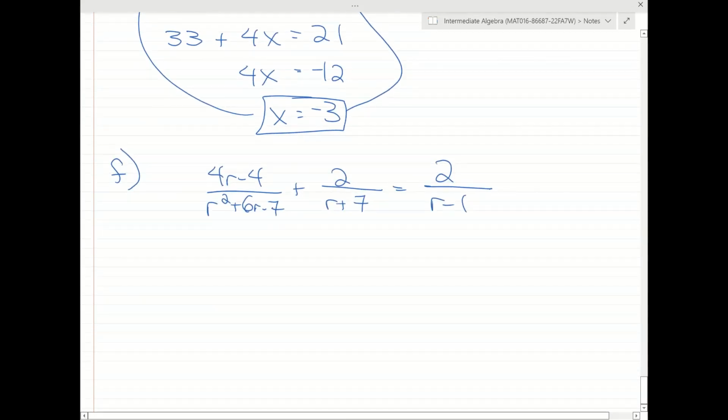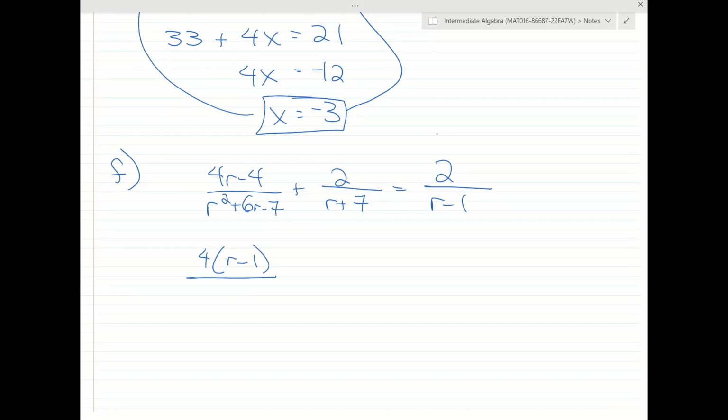All right, so let's go ahead and factor first. We can take out a 4 on top. This will just be r minus 1 times 4. And on the bottom, it'll be r plus 7 times r minus 1 plus 2 over r plus 7 is equal to 2 over r minus 1.